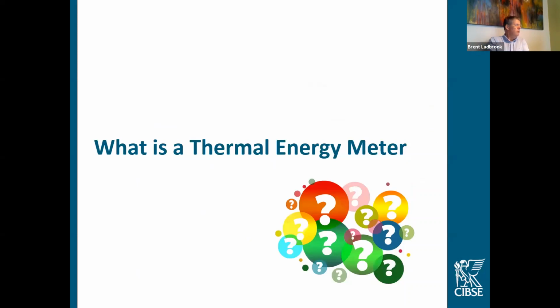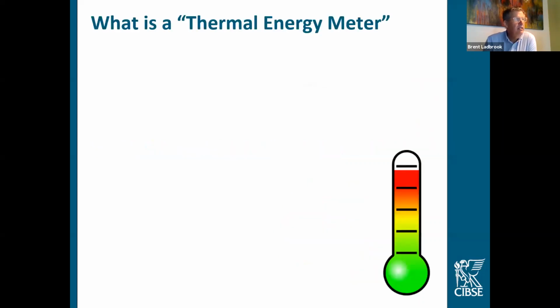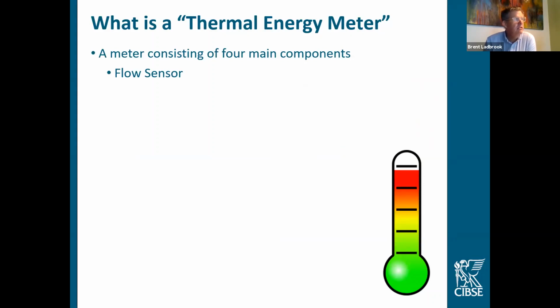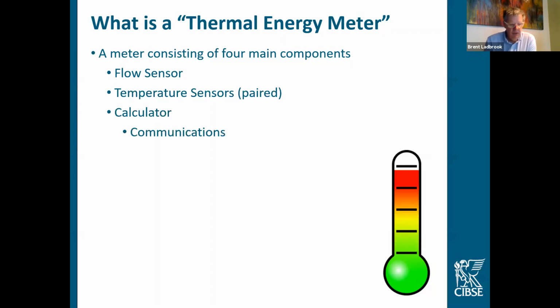So what is a thermal energy meter? Let's get into this. A thermal energy meter consists of four main components. It must have a flow sensor, and temperature sensors, of which there must be two, and they must be paired and matched under the standards. Then it has a calculator, and we have communications to get that number somewhere timely and useful, with the right values for whatever purposes we want it for.